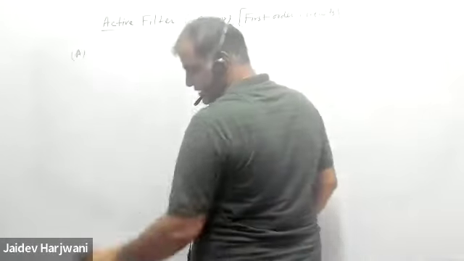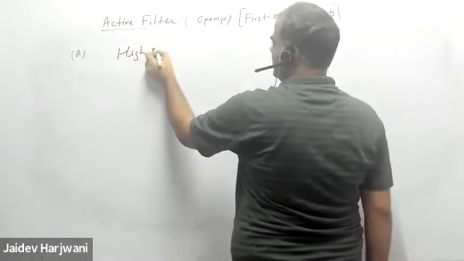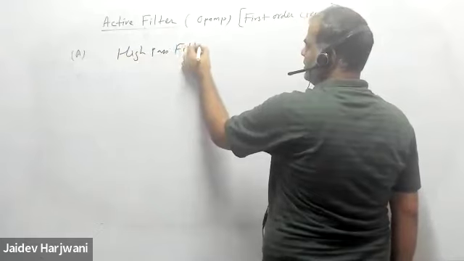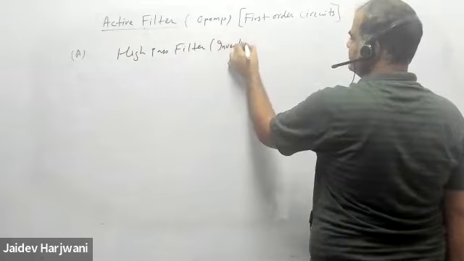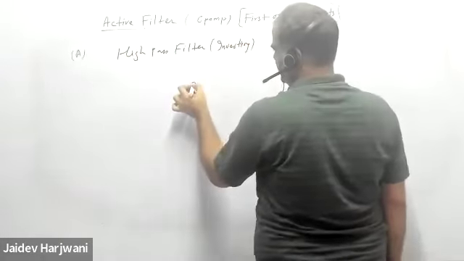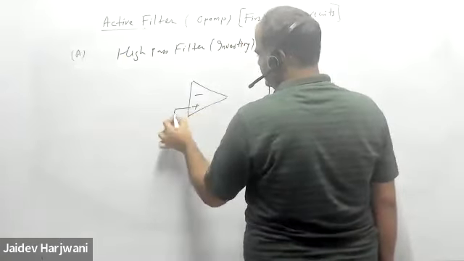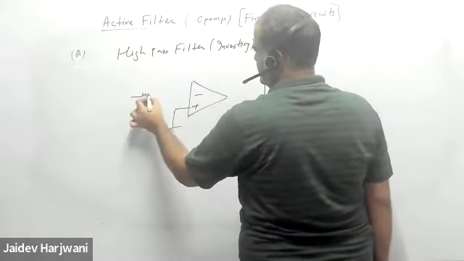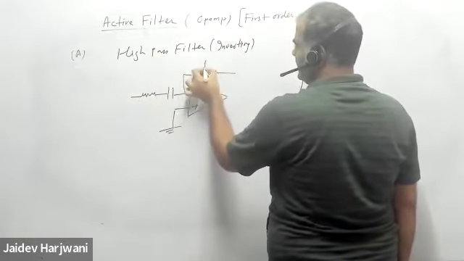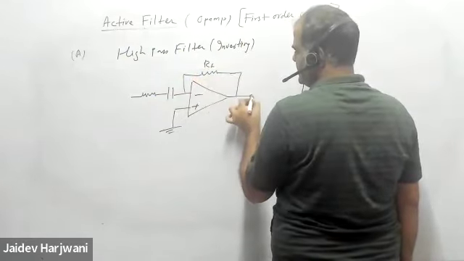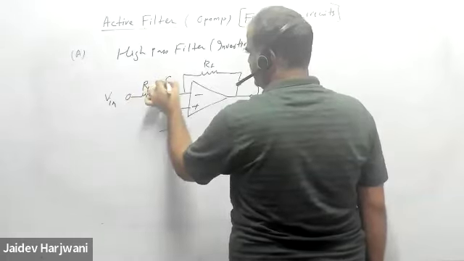Now this is the high pass filter, inverting configuration. This is minus, plus. Put the capacitor here, and RF will remain here. Here you apply a V input, that is your R1, that is your C1.